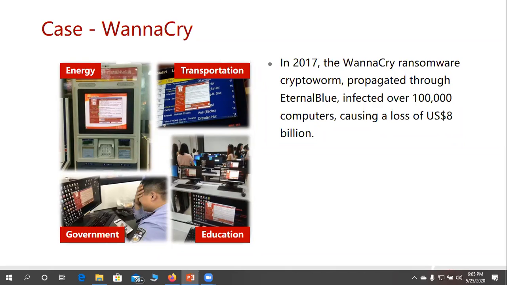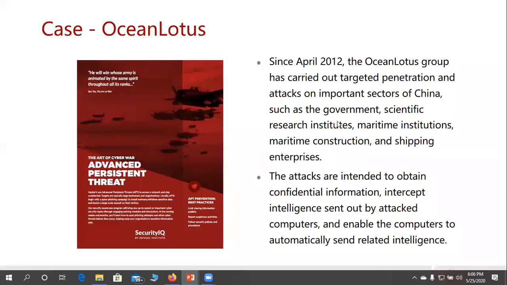So WannaCry ransomware encrypts information. So you need a key from the hackers to decrypt the information. For you to decrypt the information, you have to pay a ransom to the hackers, okay? So this WannaCry, of course, took advantage of the vulnerability in port 445 in Windows.